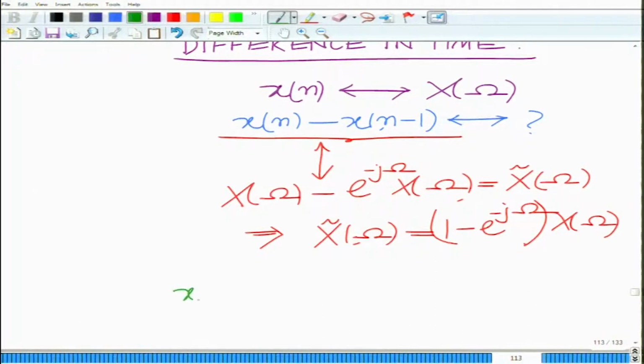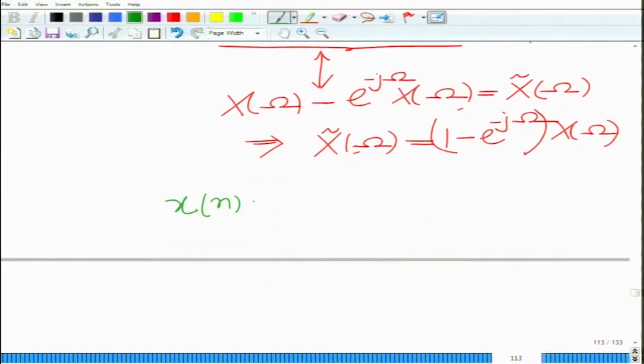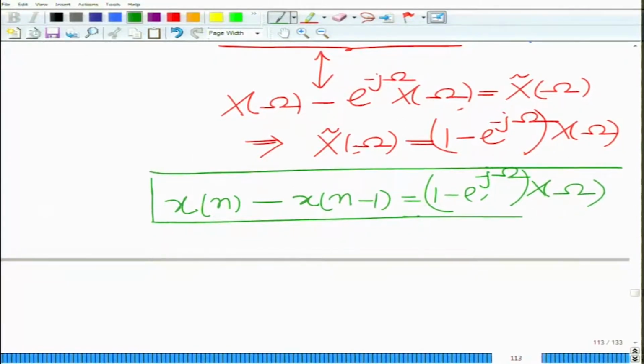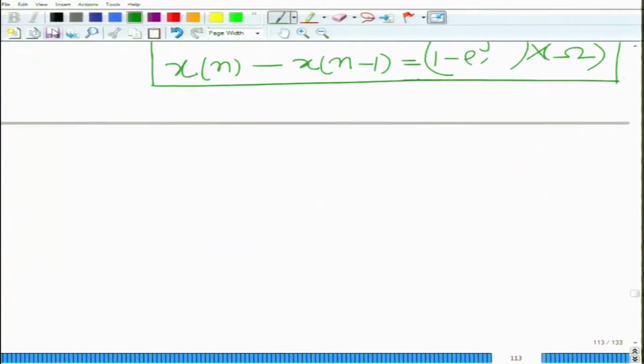So, x n minus x n minus 1 has the discrete time Fourier transform 1 minus e raised to minus j omega into X of omega.